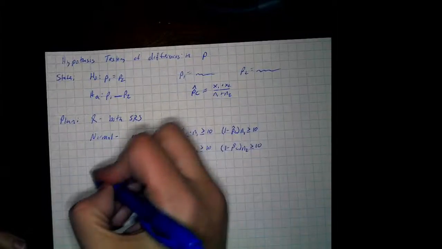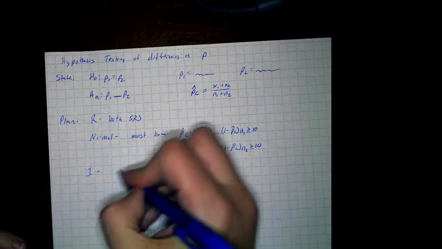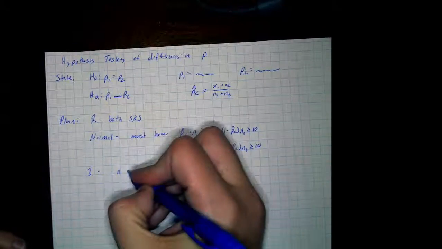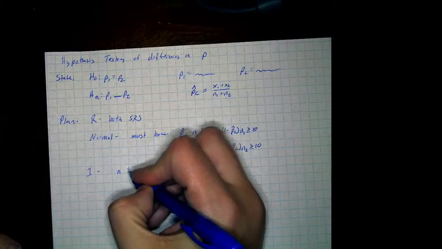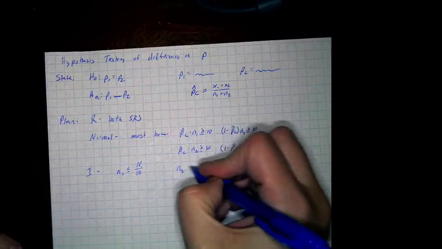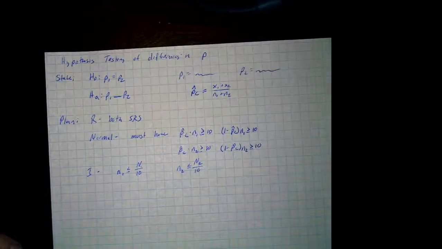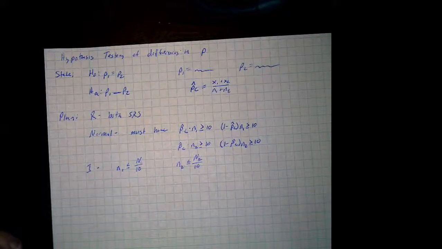And for independent, we're going to say that n1 must be less than or equal to N1 divided by 10, and n2 less than or equal to N2 divided by 10. And I don't know if I put that on the other page.